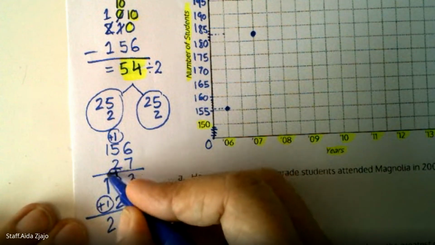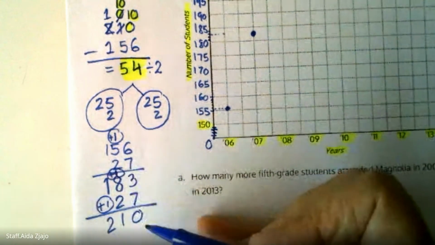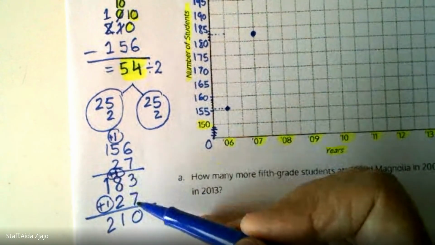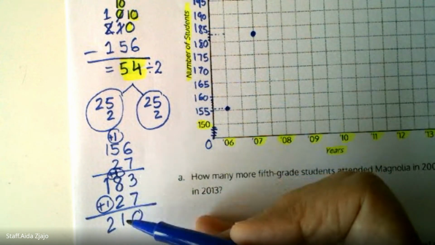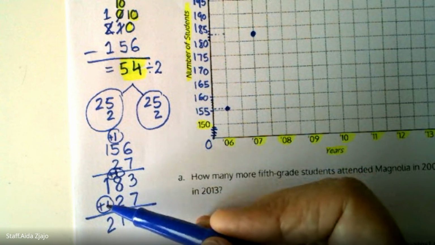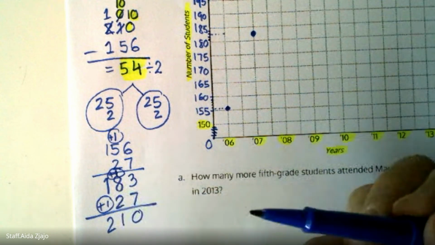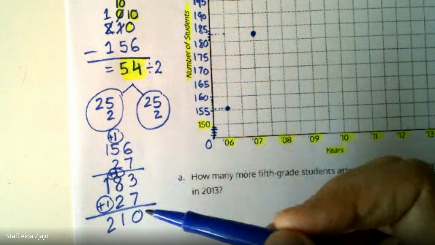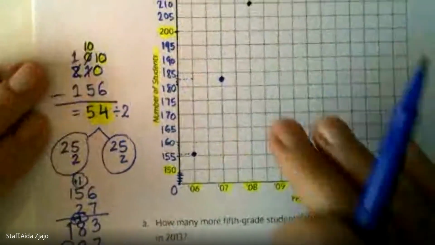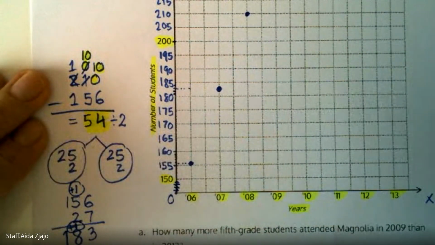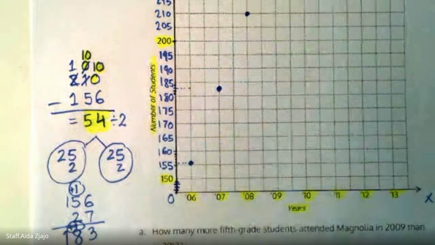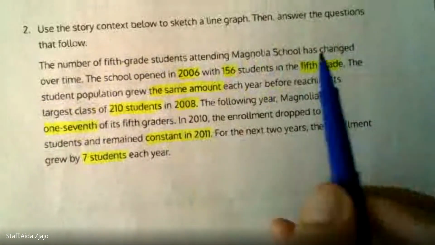Okay, so 3 and 7 makes 10. 0, I remember 1. 8 and 2 is 10, plus 1 is 11, and I made one more 100, so 210. So now I proved that we are on the right track. So that's next. Let's read the next clue. So we did this.